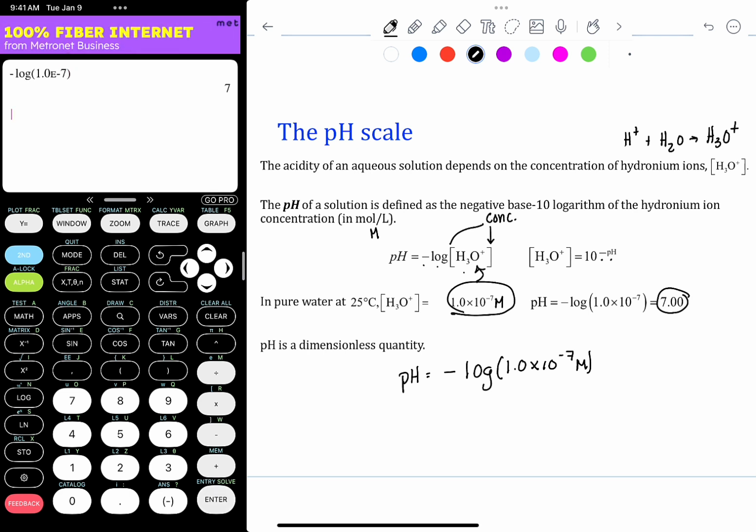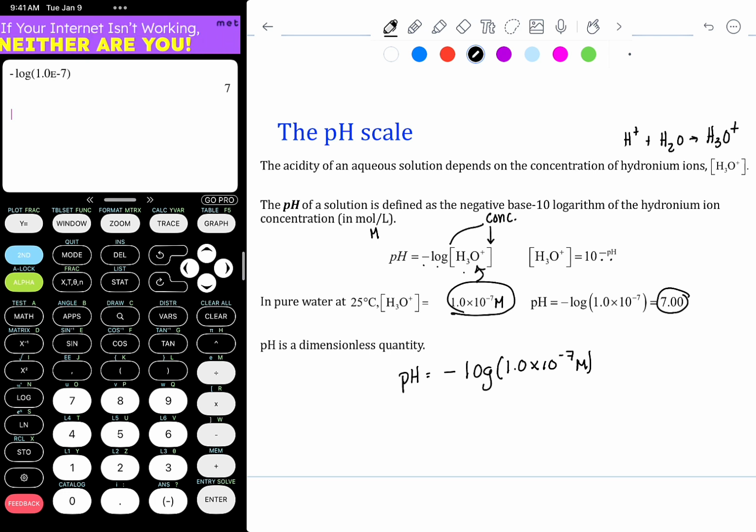Let me get our answer. If you have a calculator that is not one of the graphing calculators, and if it's a smaller one, some of them require you to type in the concentration, like type in the number and then hit the log button. Please try this on your own calculator so that you know how your calculator works specifically, so that you're not lost on your homework or your exams.